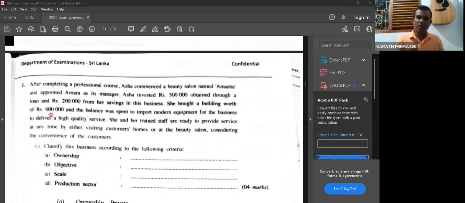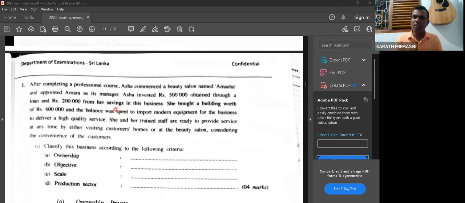Out of her 700,000 investment, 600,000 is spent for what? Purchasing a building. Now only 100,000 is remaining, and the balance was spent to import modern equipment for the business. Now she has a serious working capital problem.